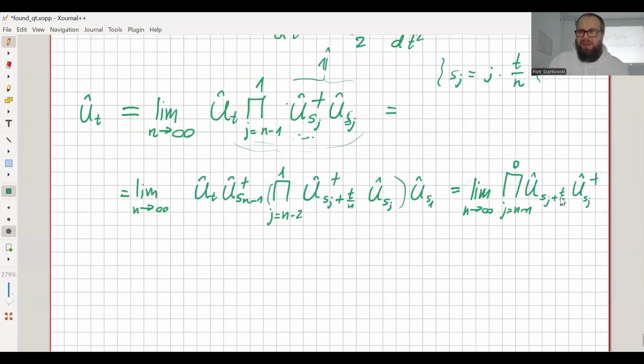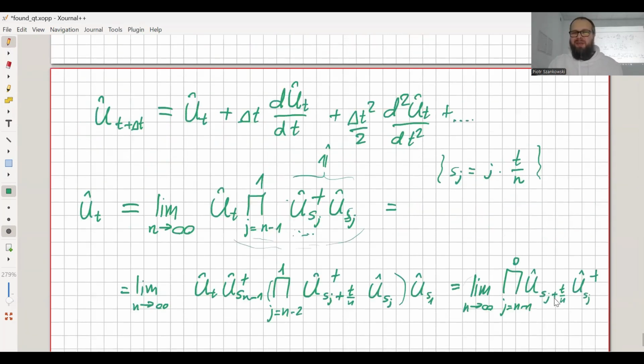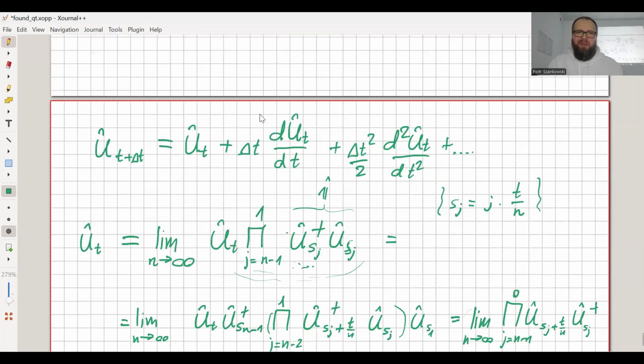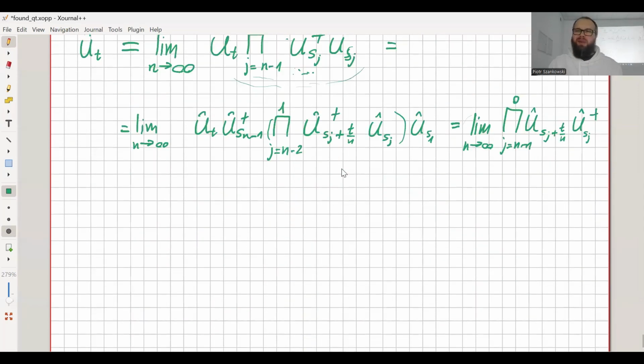Now t over n is a small increment of time. So we have U(s_j) plus a small increment, and we should have this Taylor expansion for small increments.